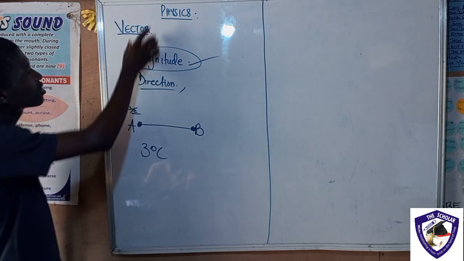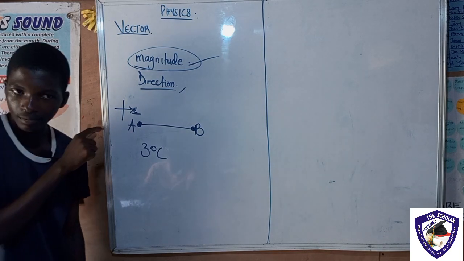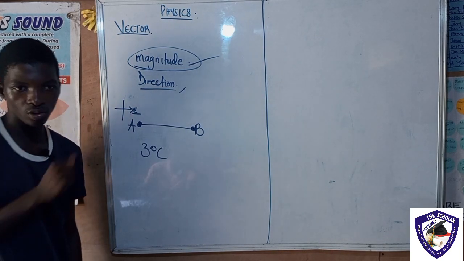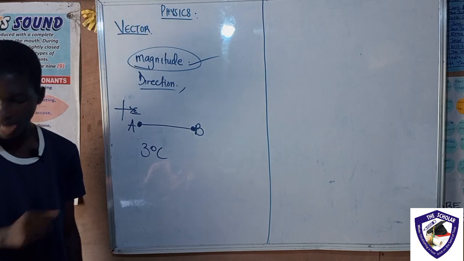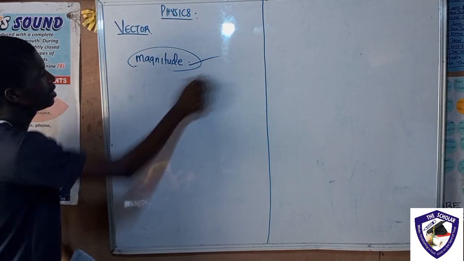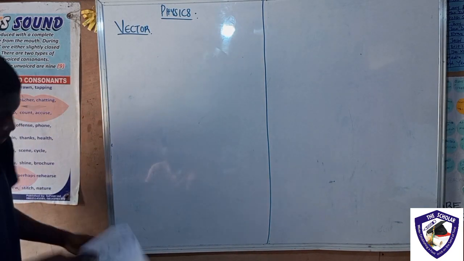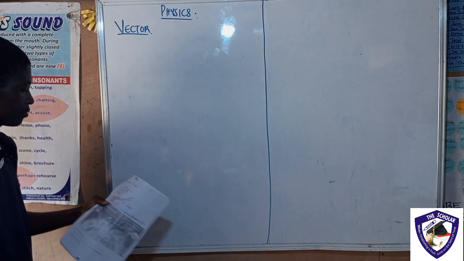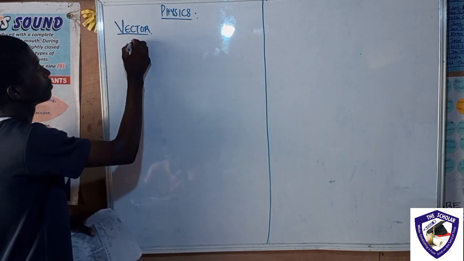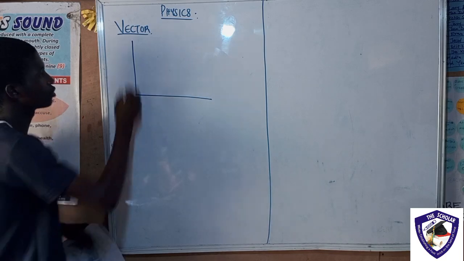But here we'll be discussing more on vector quantity. Why? Because there's something we are going to discuss here. There are different ways of calculating certain things in vector quantity. We have a graph here. Two vectors moving in different directions.